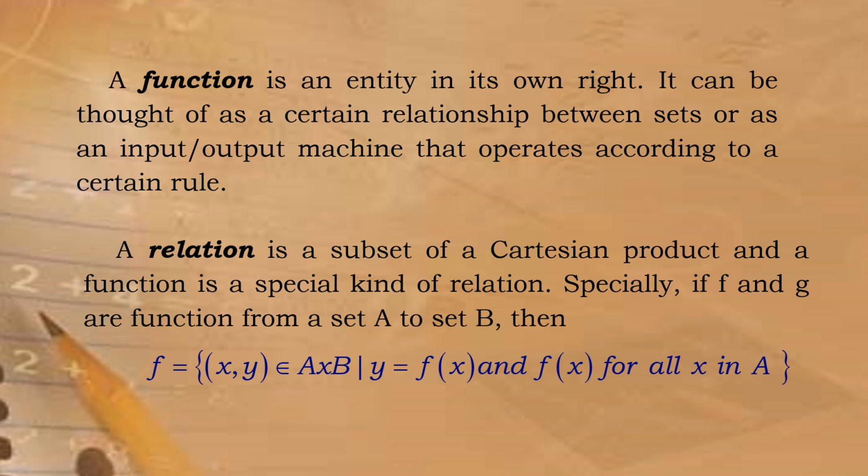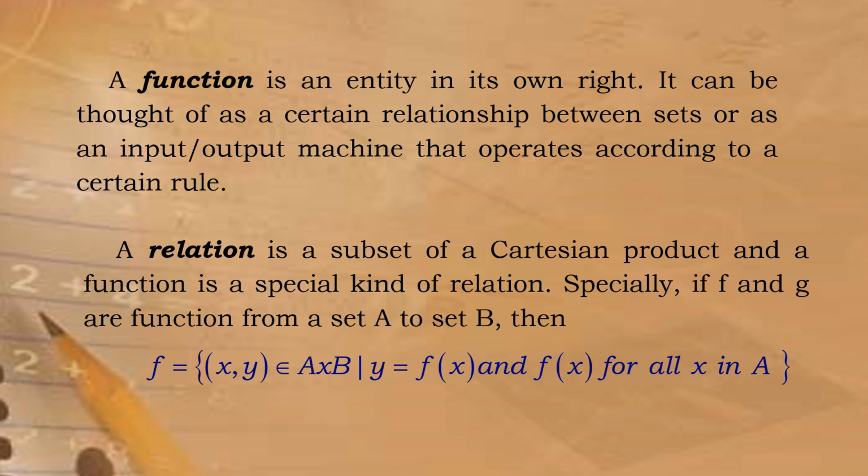A function is an entity in its own right. It can be thought of as a relationship between sets, or an input-output machine that operates according to a certain rule. A relation is a subset of a Cartesian product, and a function is a special kind of relation.